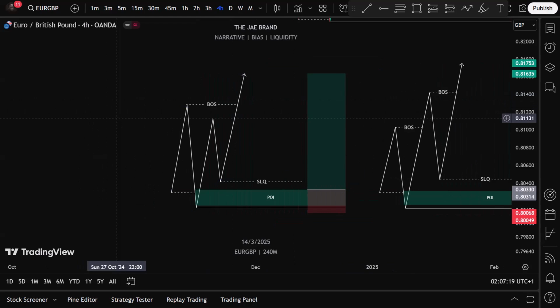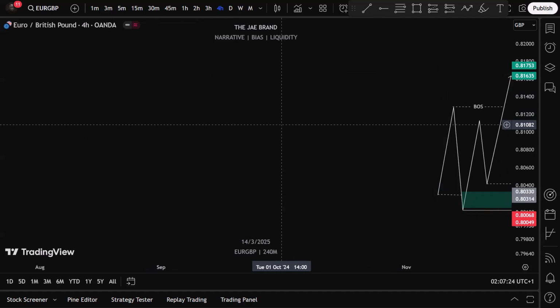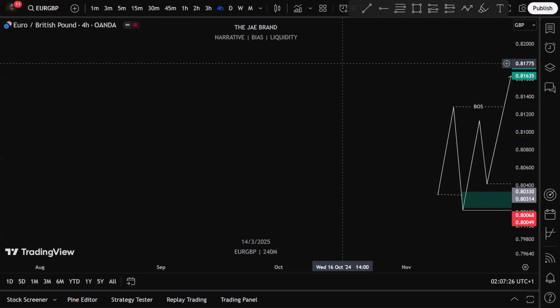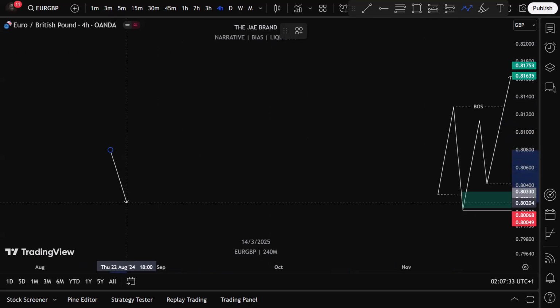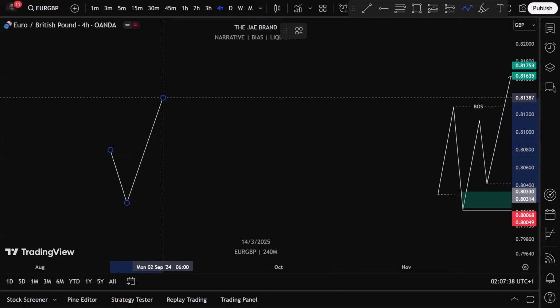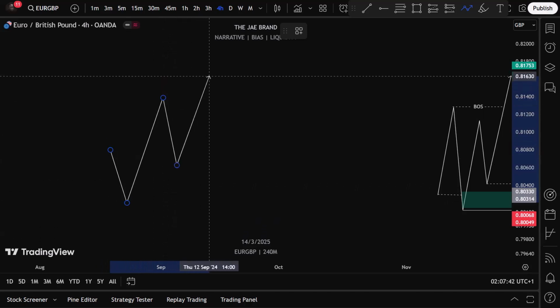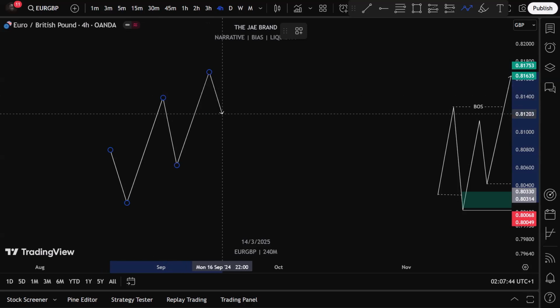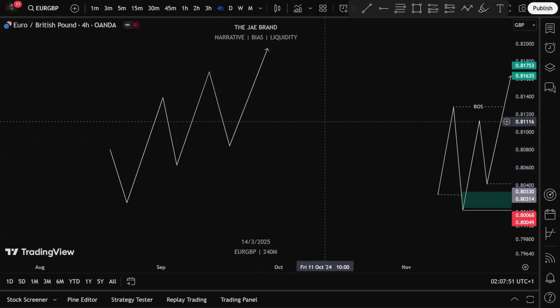Now let me start by giving us a theoretical example of what market structure is. I'm not going to spend much time doing that. Theoretically, we were taught that this is what market structure is all about, which is not out of place completely. We have the higher low, we have the higher high.